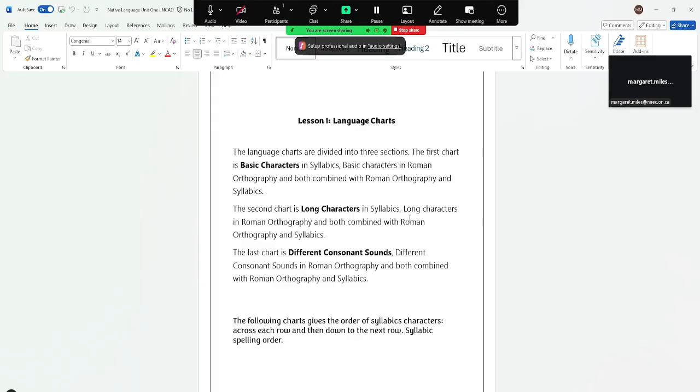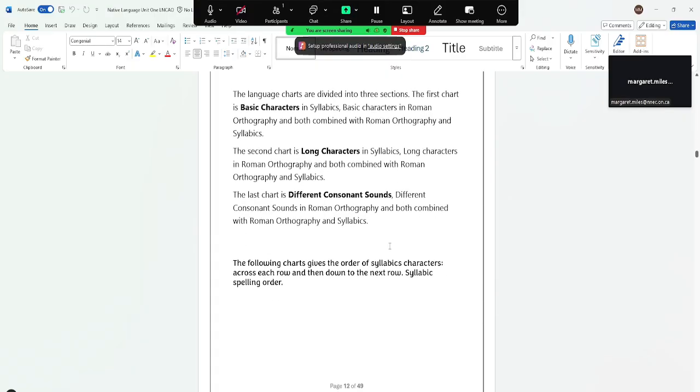Second, long characters. So on the charts you have them. The first chart is syllabics only, and the second chart is Roman orthography and then combined. The third chart is combined. So we have basic, long, and different consonant sounds. This is the last chart.